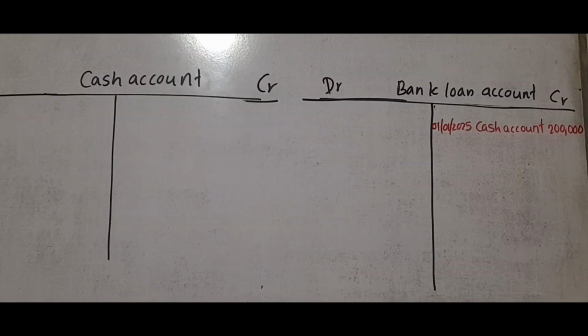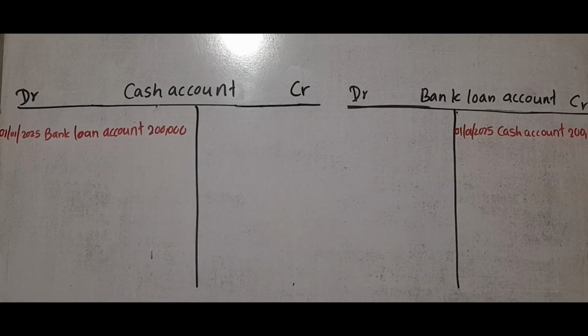A bank loan is a liability. When liability increases, we write it on the credit side. So the bank loan account should be credited. Then the other account should be debited, which means cash is debited. The logic is that cash is an asset. When we receive a bank loan, cash increases. When an asset increases, we write it on the debit side.